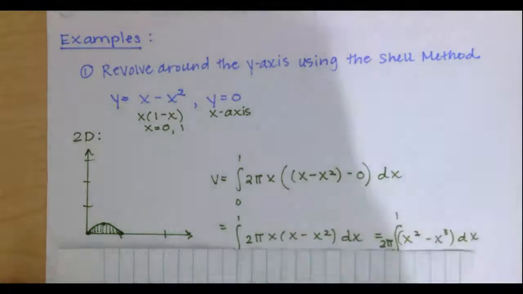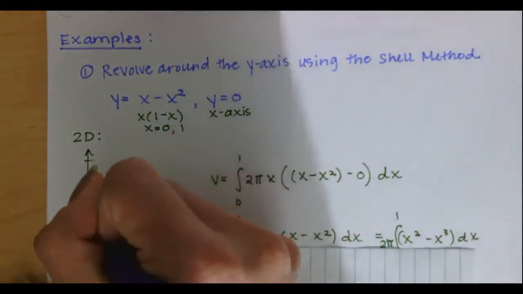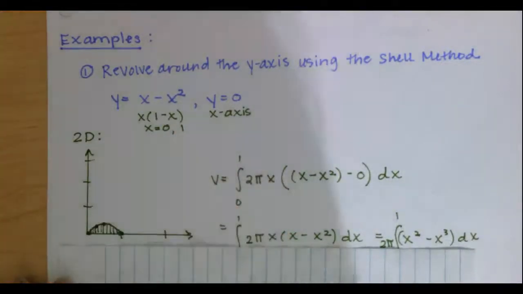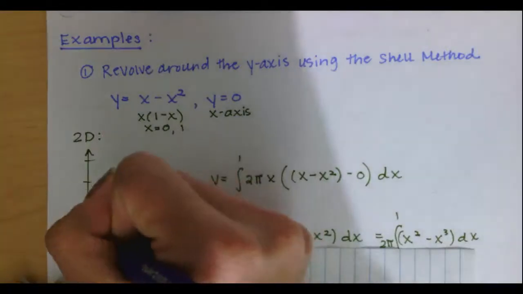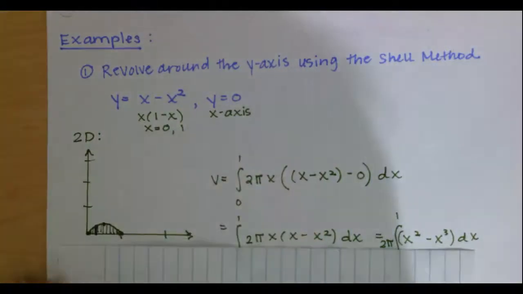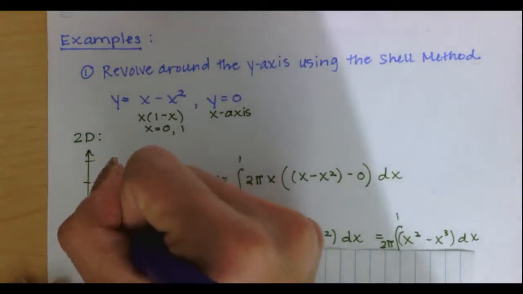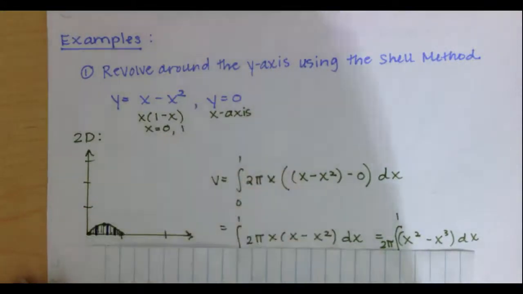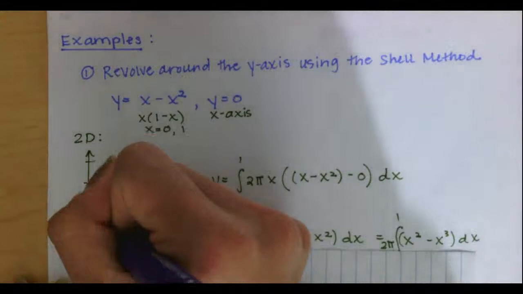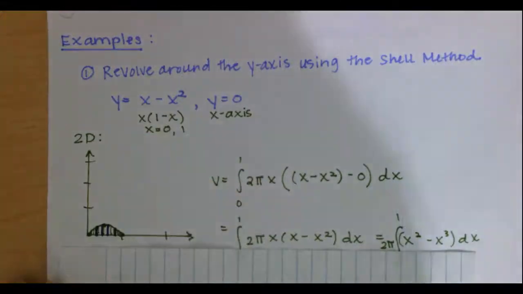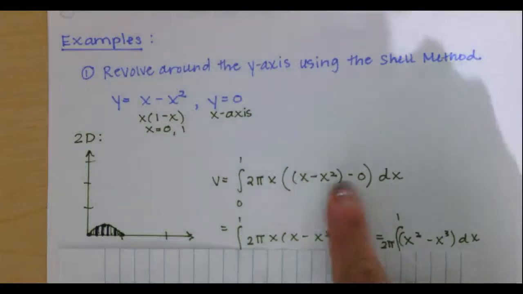And you're going to figure out that height by taking x minus x squared, or a point on x minus x squared, and subtracting y equals 0 from it. So here you can envision all of these various heights at different points or different subintervals from A to B. And so that height is going to change depending on x.